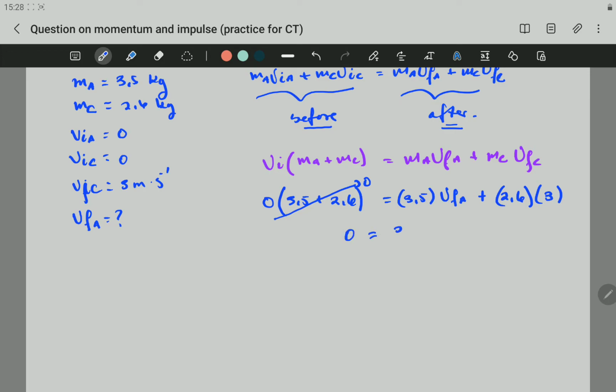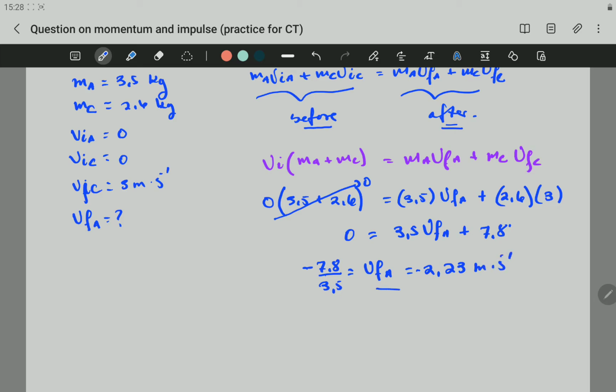0 is equal to 3,5 final velocity A plus 7,8. If you rearrange this one, you have that 7,8 divided by 3,5 is equal to the final velocity of A. The 7,8 is going negative to the other side, and this is equal to negative 2,23 meters per second.